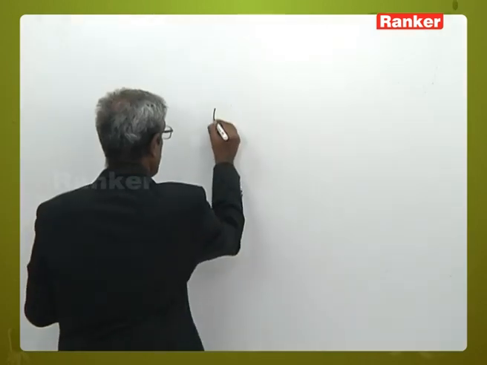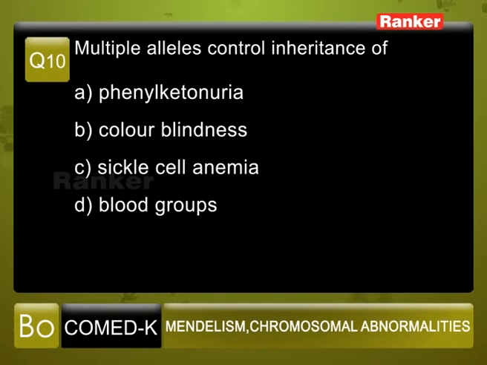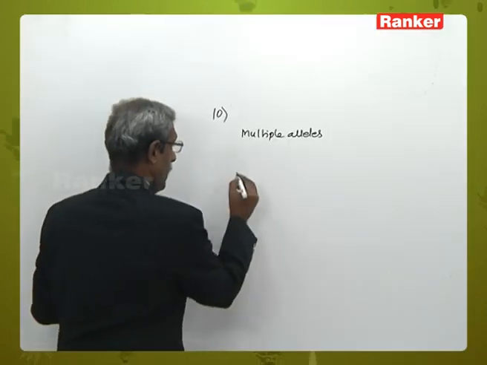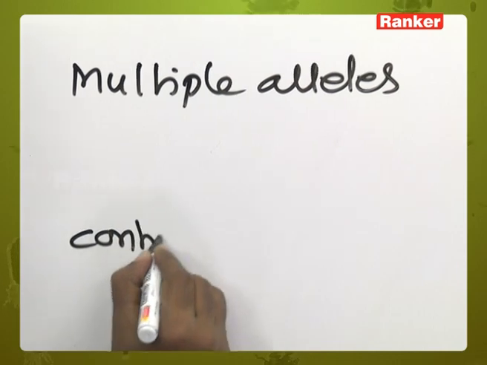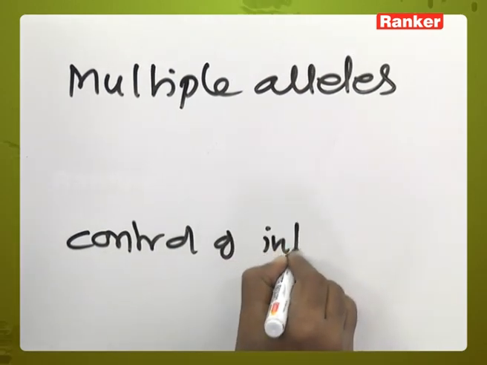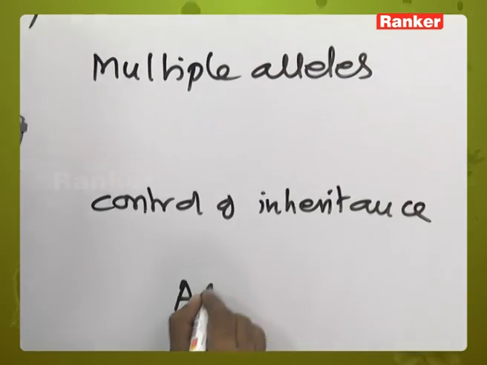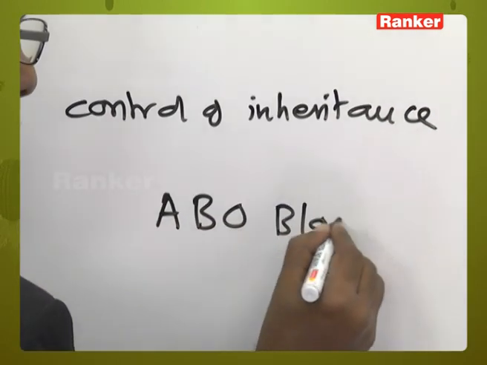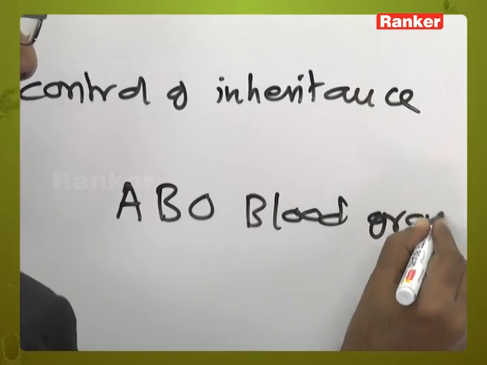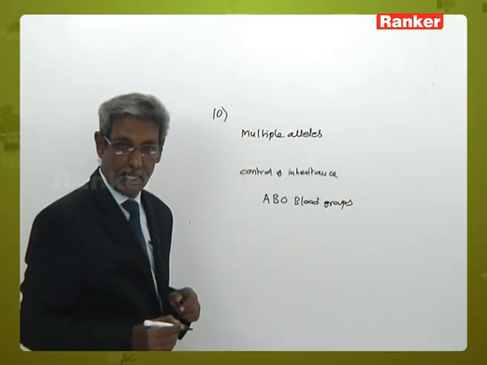The 10th question talks about multiple alleles. Multiple alleles, as you understand, are the basis for the control of inheritance in A, B, O blood groups, which I have already studied.